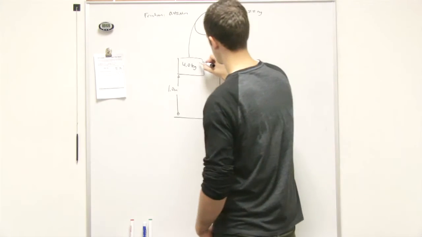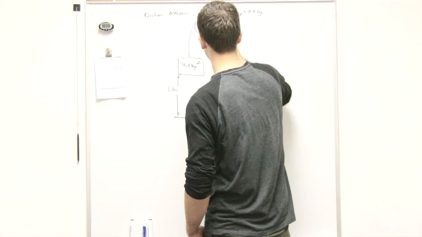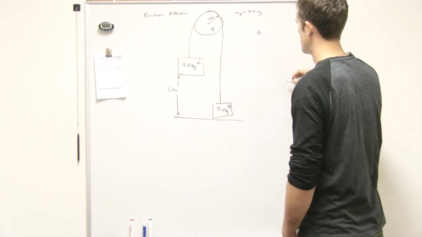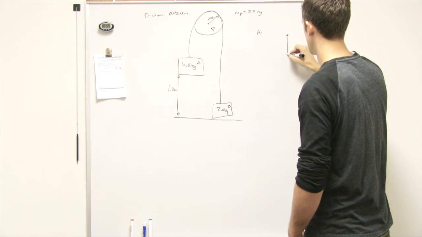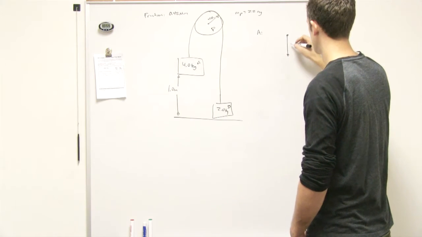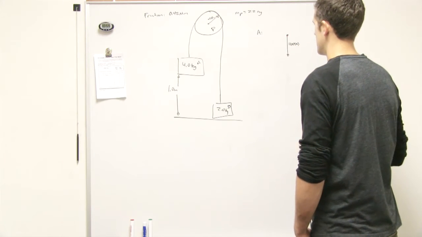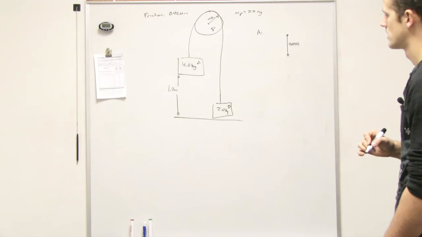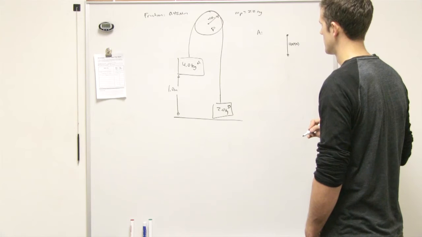Okay, so let's call these A, B, and P. The 4 kilogram block has gravity at 9.8, so 4 times 9.8, and that has the tension.